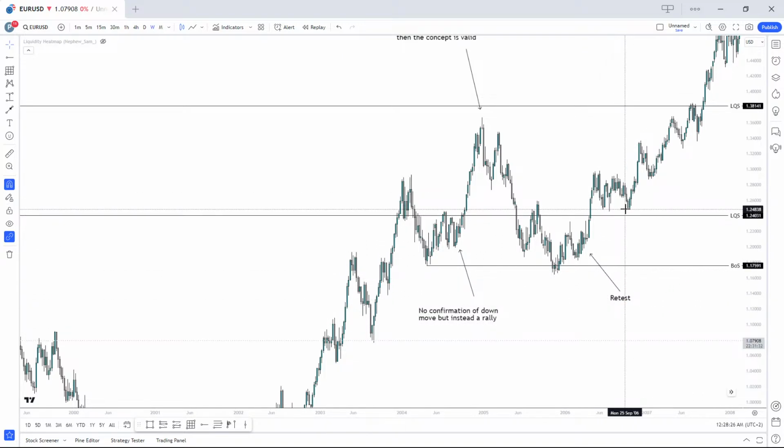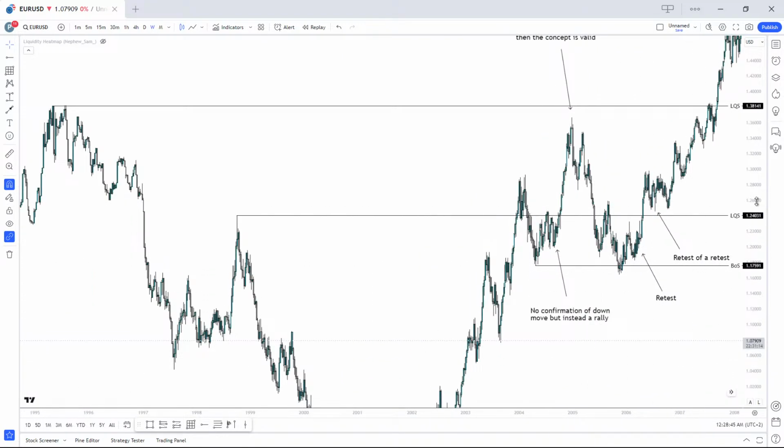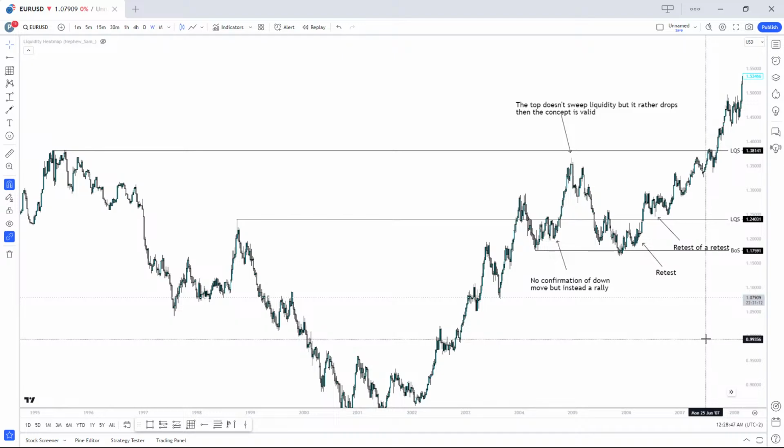And this is a retest of a retest. Alright, so basically we've got our whole setup now. Okay, hopefully this makes sense. Let's try it.